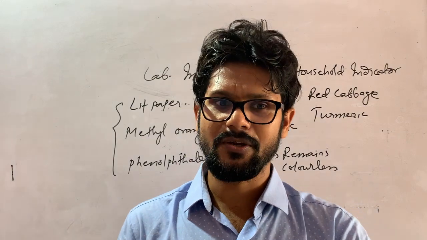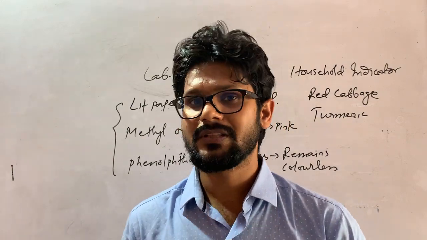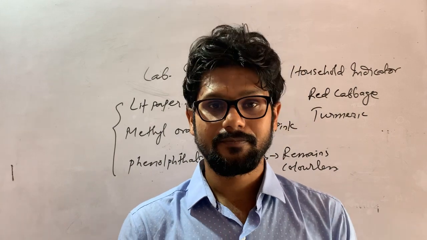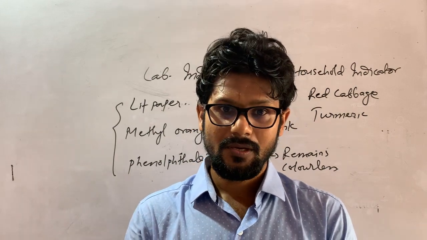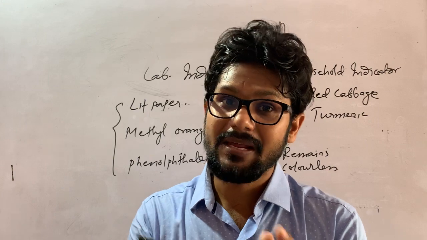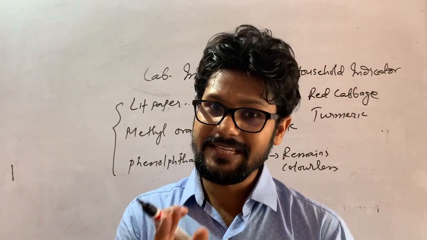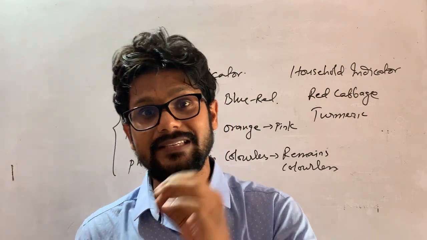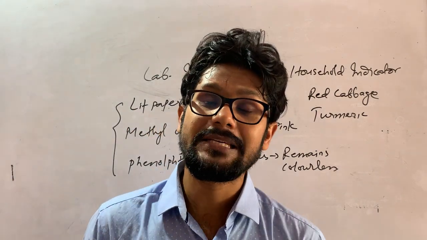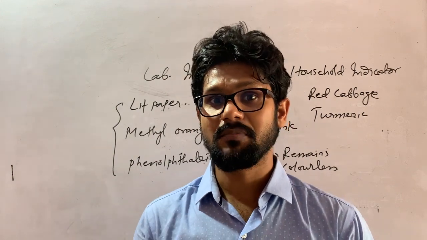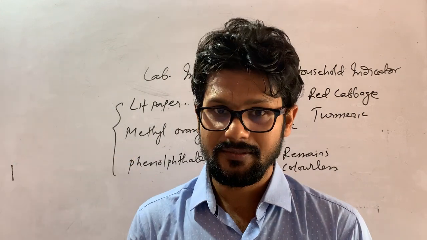One example I'm just saying, onion. You're familiar with the smell of onion. When you add acid on onion, then its smell remains as it is. There will be no change. But when you add base on onion, its smell can't be recognized, means its smell is vanished.